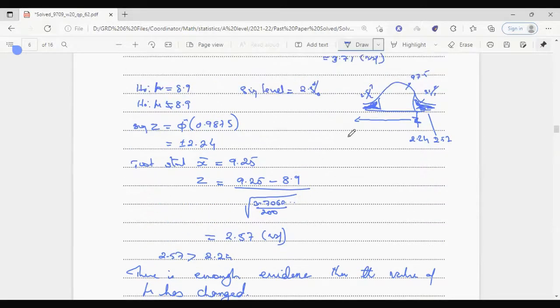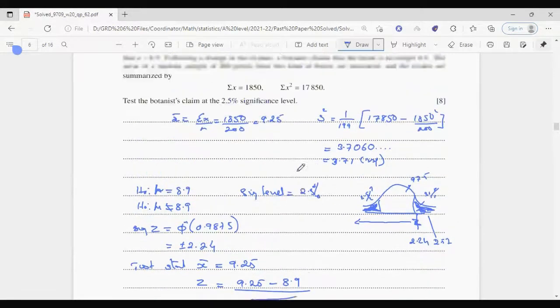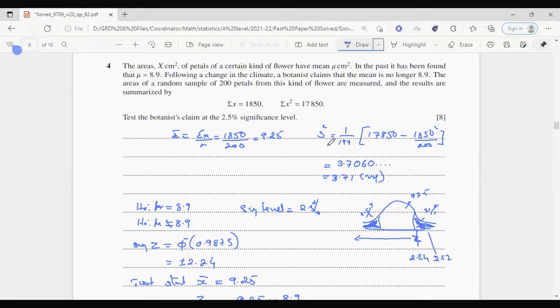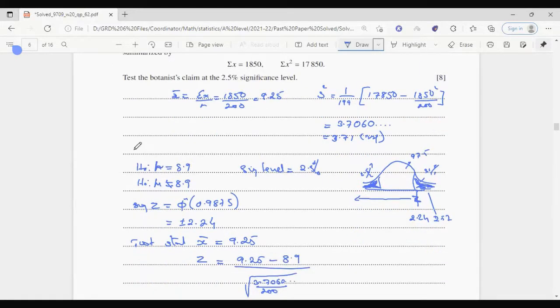So that's it in testing. Before testing, you make sure that all the data is being given to you. The data that was missing was x bar and the variance. We found that. We established the hypothesis.